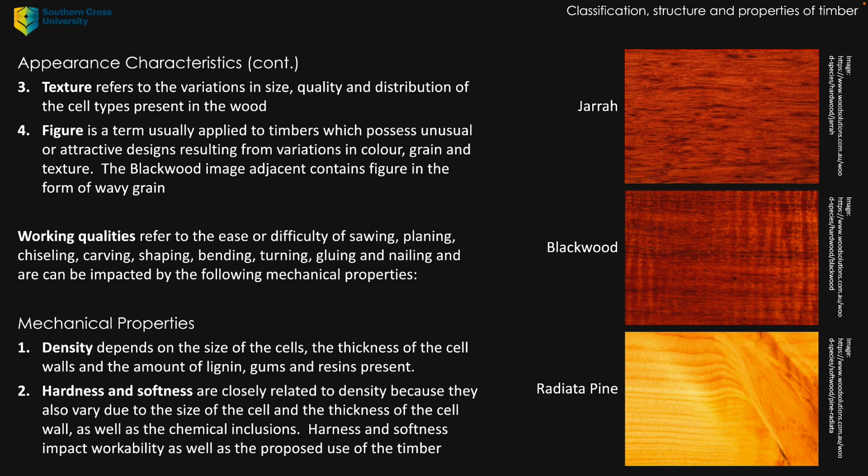Working qualities refer to the ease or difficulty of sawing, planing, chiseling, carving, shaping, bending, turning, gluing, and nailing, and can be impacted by the following mechanical properties. So there's quite a lot there, and not all of them are relevant for every piece of timber in every situation, because it depends on what you, as the designer and the maker, are doing with the timber.